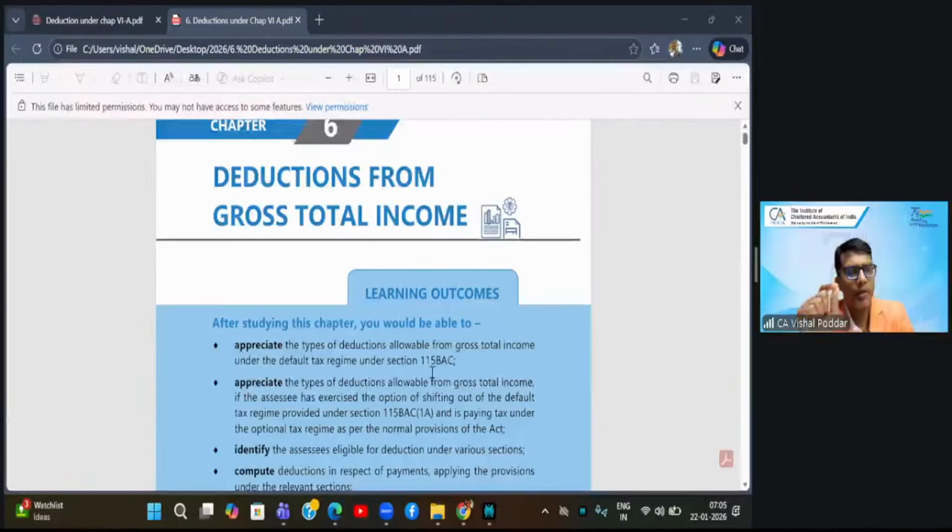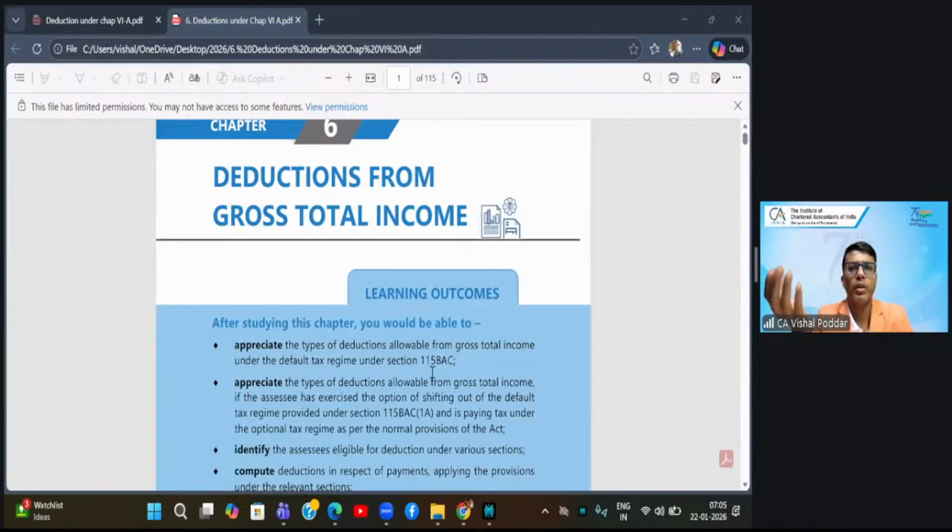Wherever the government wants to promote a particular nature of business, a particular area for its development, a particular saving option, or the government wants that you pay or donate to a particular institution or organization for that institution's development. These are the causes which lead to this deduction.